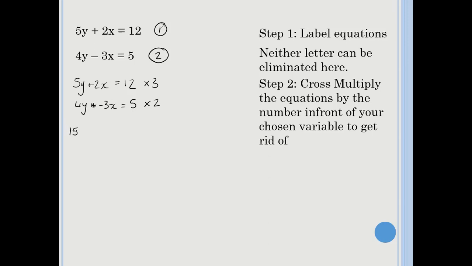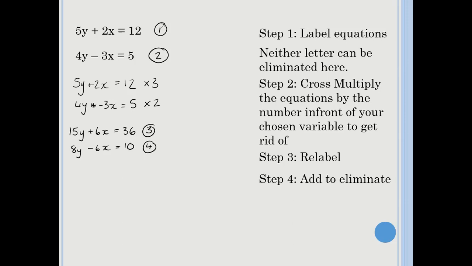So that's going to give me 15y add 6x equals 36. And then we'll get 8y subtract 6x equals 10. Relabel them, so I've now got 3 and 4. And because I've got two different operations, I'm going to be adding 3 and 4 together.